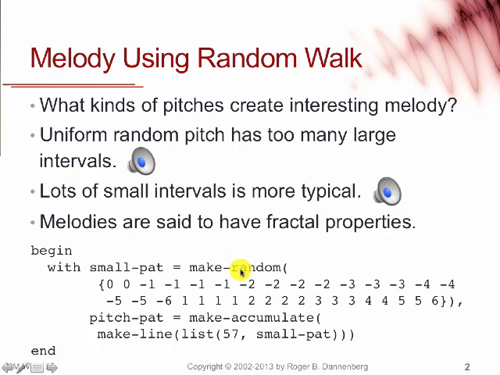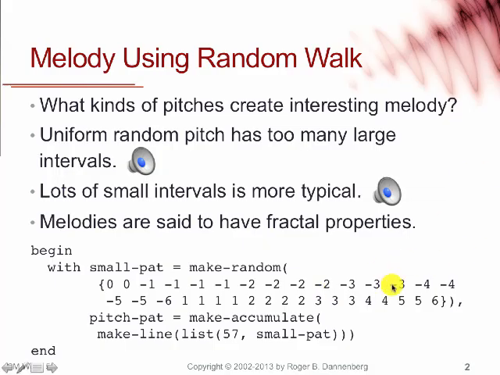Here's an example at the bottom of the slide using make random, and we're just using that to pick random numbers, and we've actually by hand put in a large set of intervals where repetition, the interval 0, is pretty uncommon. Taking a half step down or a whole step down is more likely.